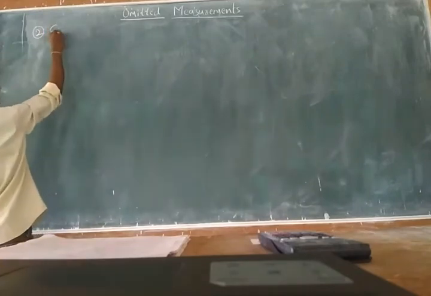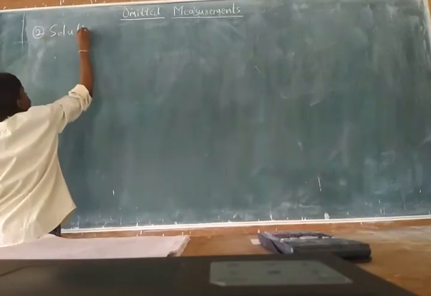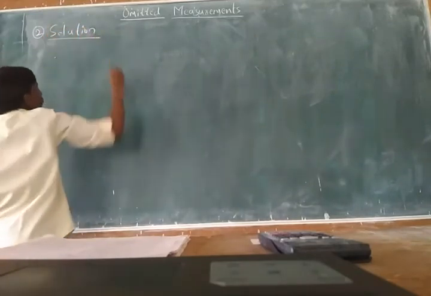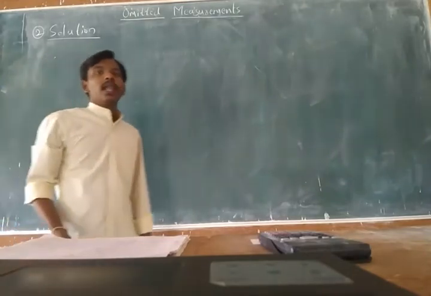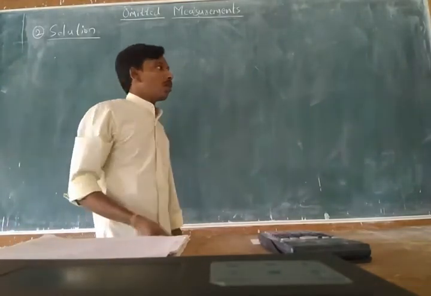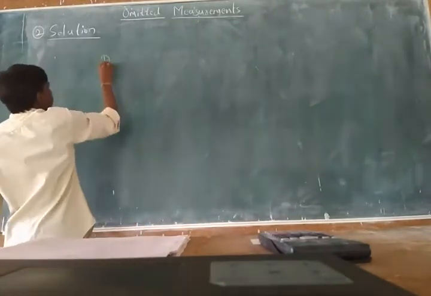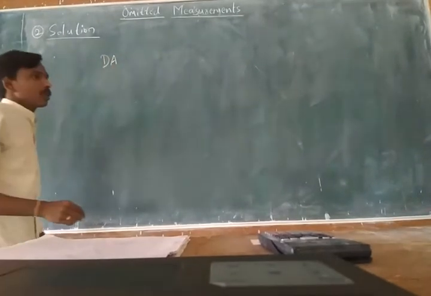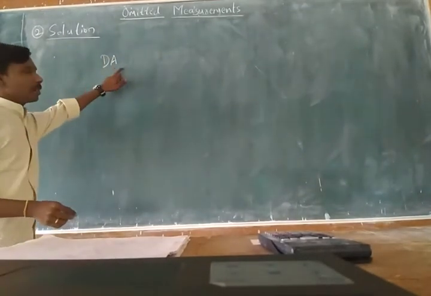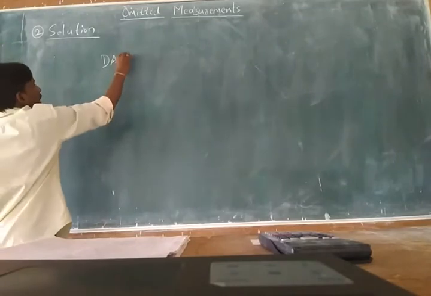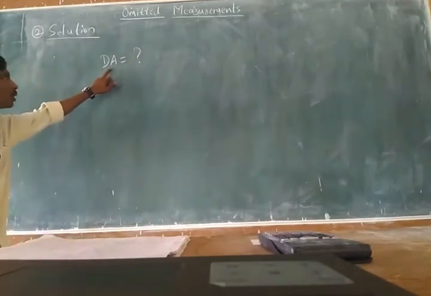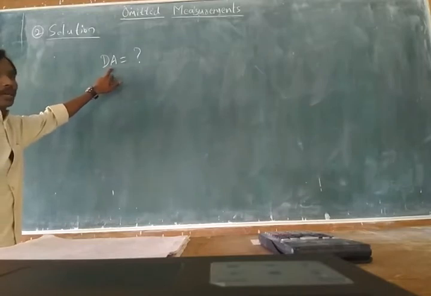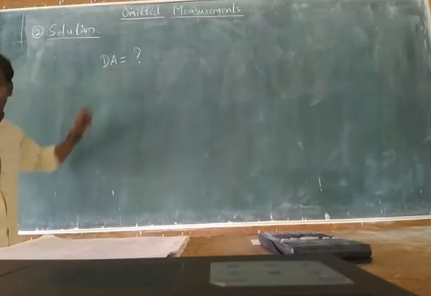Solution. Here first we have to calculate the latitude and departure for the line DA, because we don't know the length and bearing of the DA line. As we don't know them, we need to calculate the latitude and departure for the line DA.